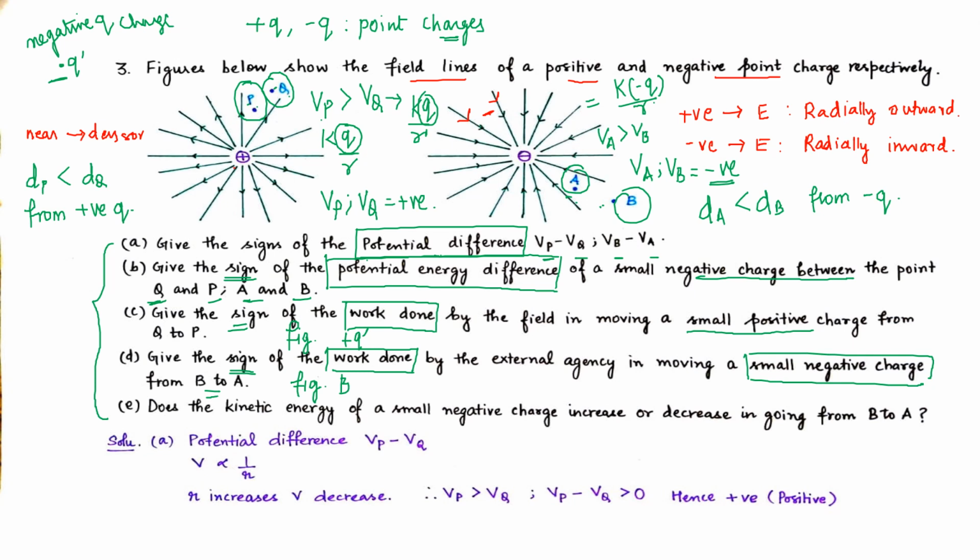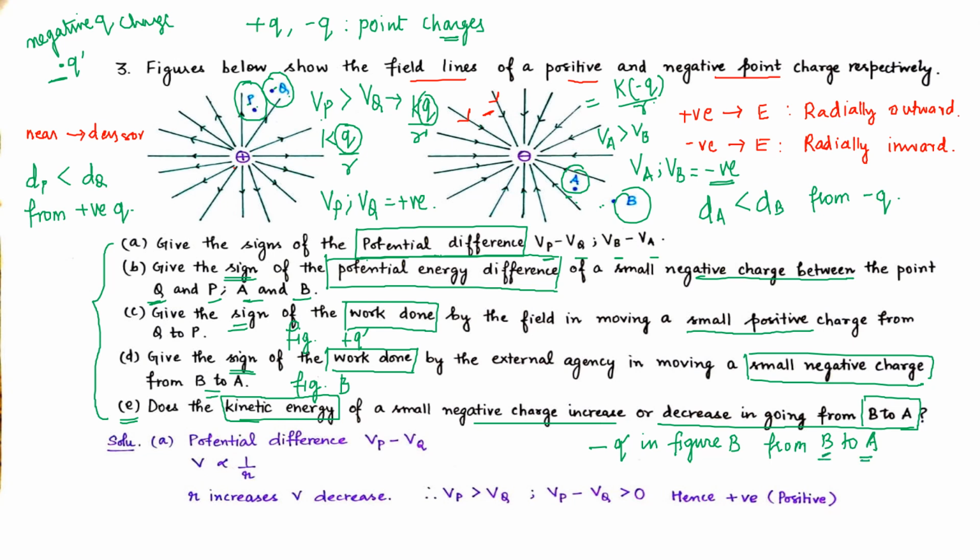And the last subset of the question asks us, does the kinetic energy of a small negative charge increase or decrease in going from B to A, when we are bringing our small negative charge in figure B from B to A, from the outer point to the inside point.